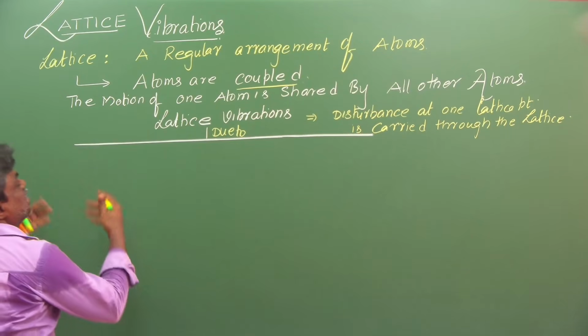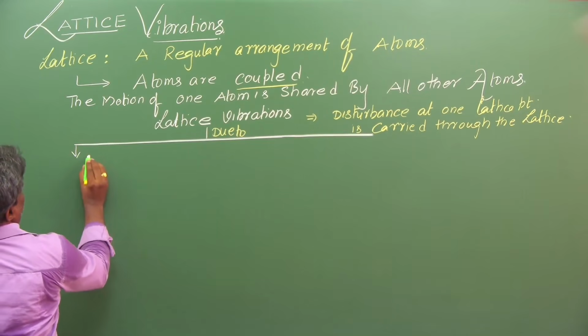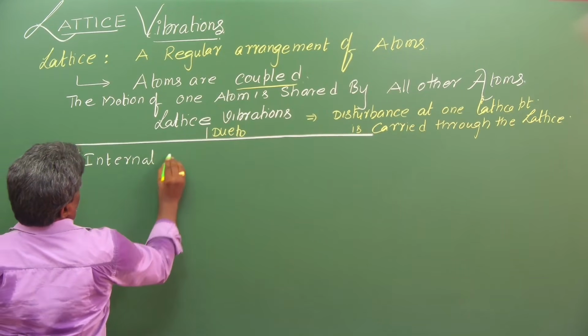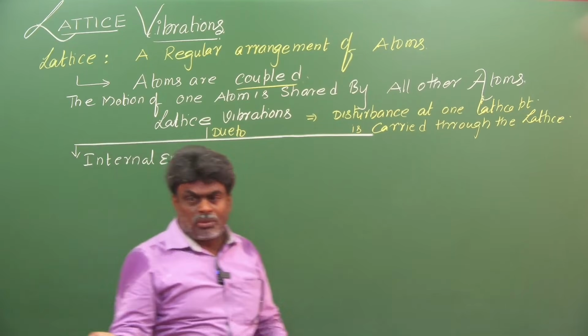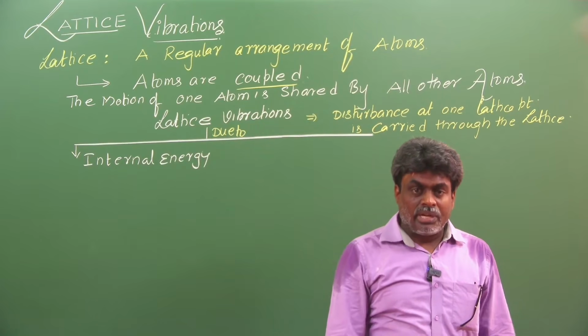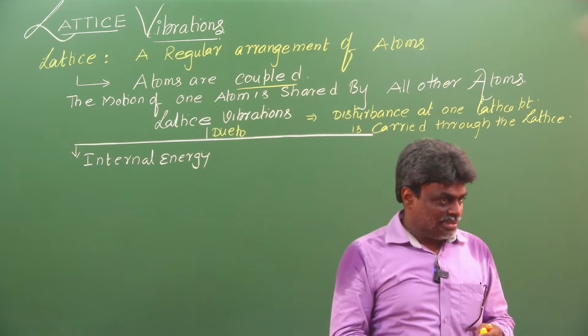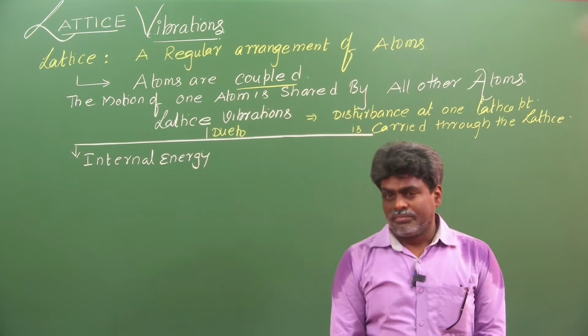What is the reason for these lattice vibrations? There exist two reasons. One is internal energy. For example, no one came into the class, but a student is not interested, so he disturbs himself.